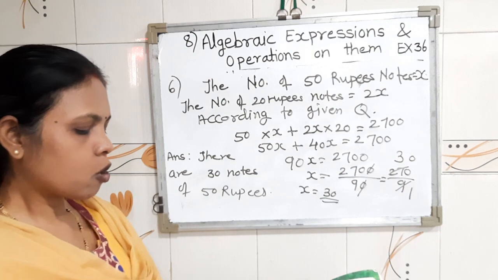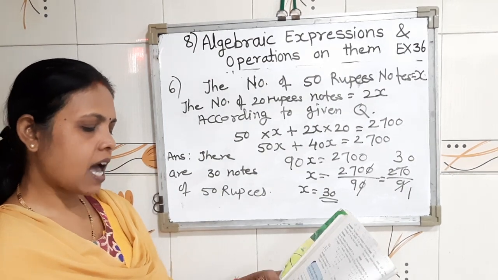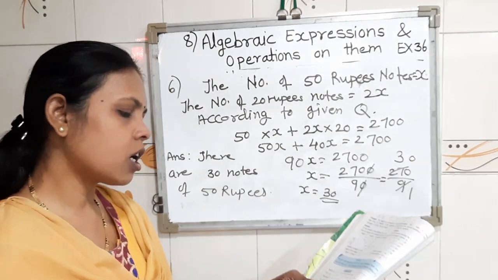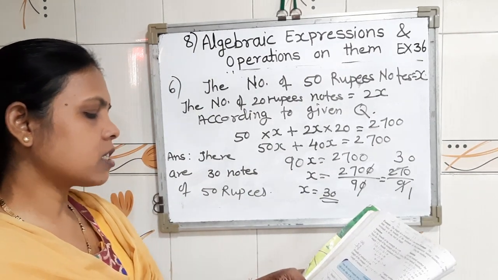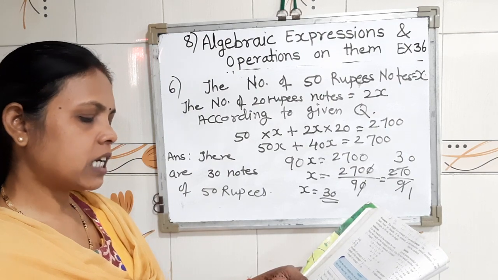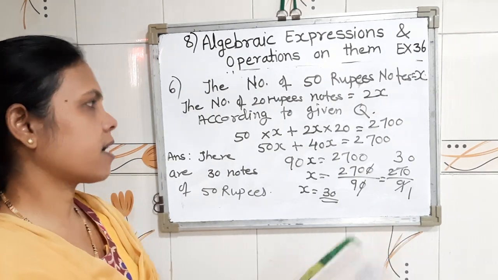Virat made twice as many runs as Rohit. The total of their scores is 2 less than a double century. How many runs did each of them make?